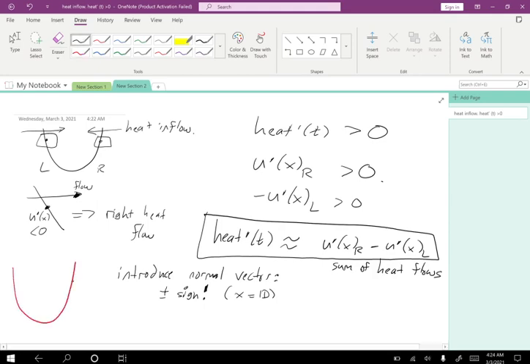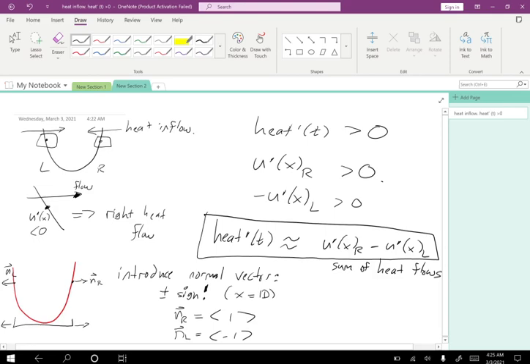At this stage, the normal vector just points to the right. Remember, our region is just this interval, and the normal vector points to the left over here. So here's n at the right side, and here's n at the left side. So it's just a plus sign, and this is just a negative sign.